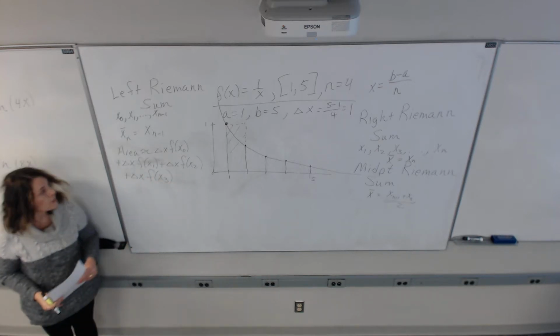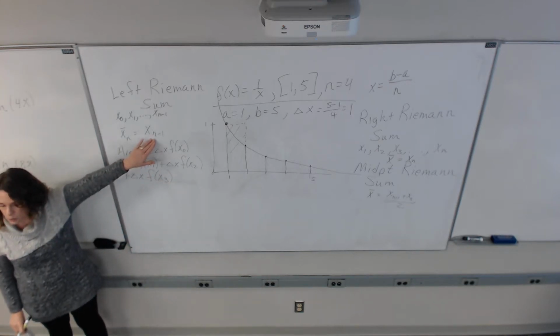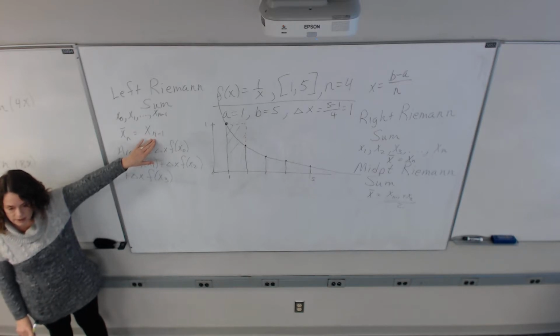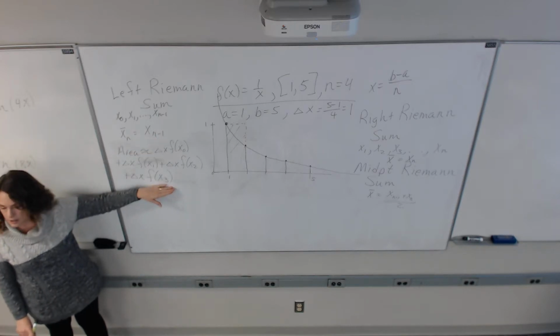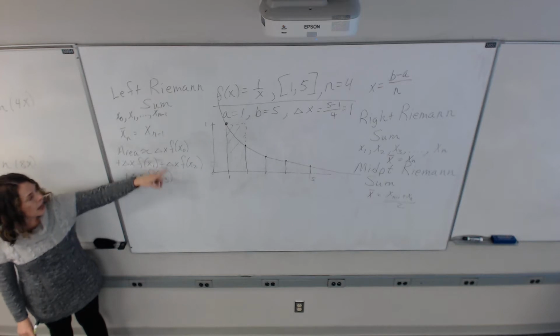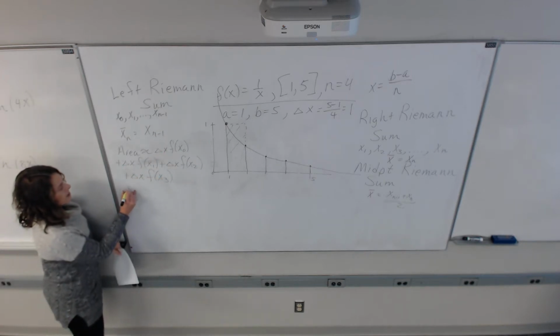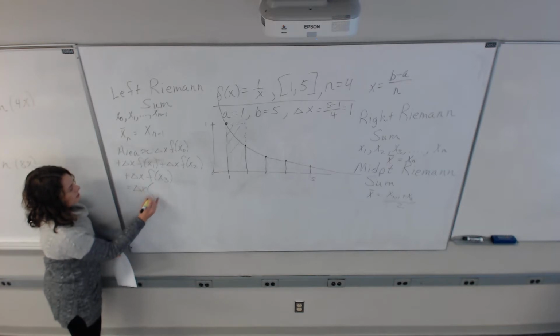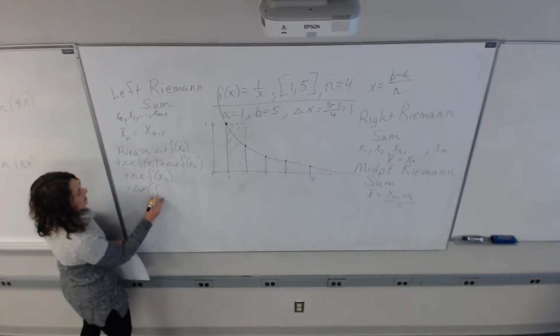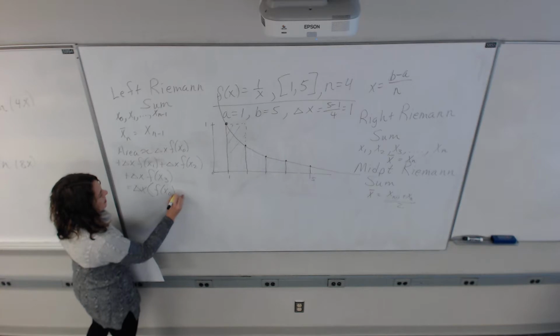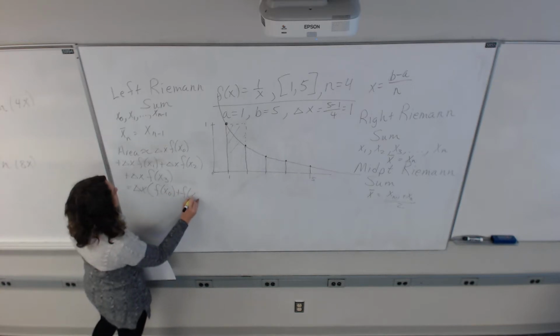And I'd stop there because the left stops at one less than the number of boxes, number of partitions. Does everybody buy that? Every one of these has a delta x, so I could factor the delta x out. It's 1 in any case. And this just gives me the sum of the heights of the boxes.